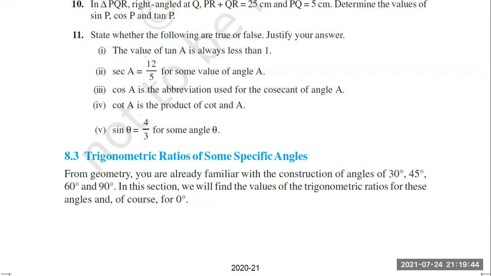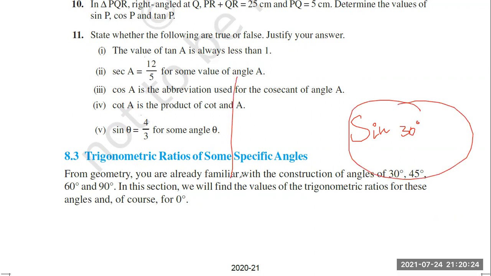Till now we just mentioned the ratios as cos A, sin A, cot A, tan A, or cos C, sin C. So in place of an angle we mentioned only the alphabet A, C. But how to solve the questions when there is a specific angle? For example, if we are asked to find the value of sin 30, how do we do that?